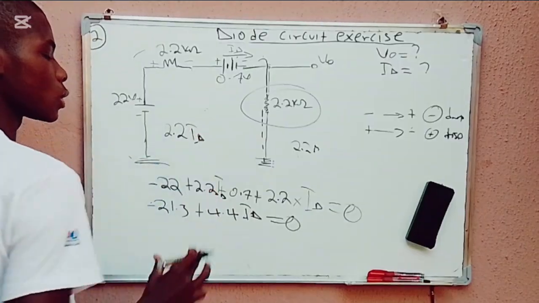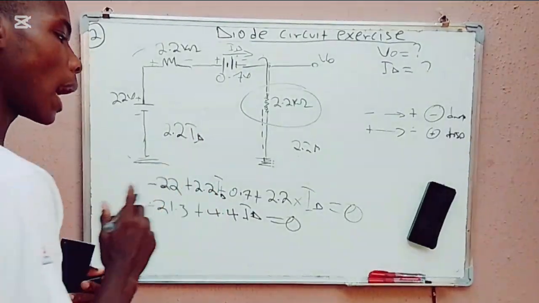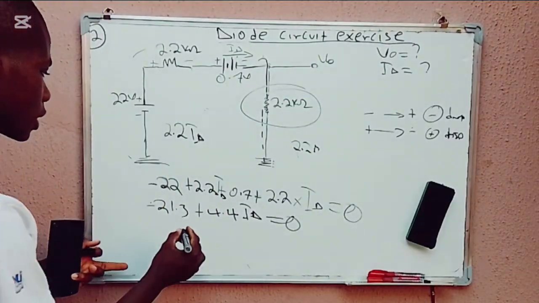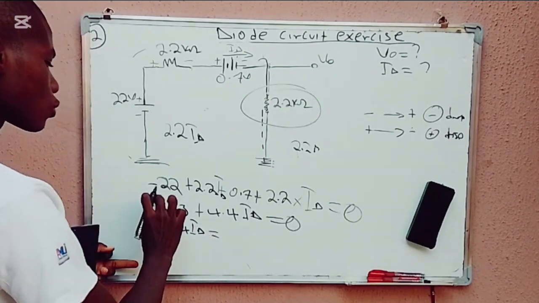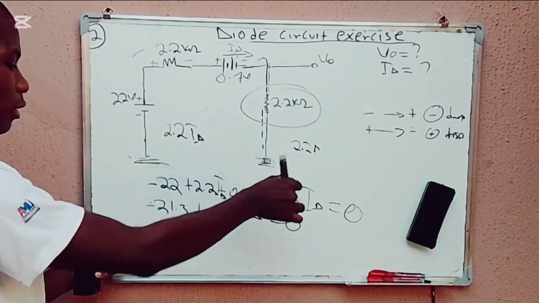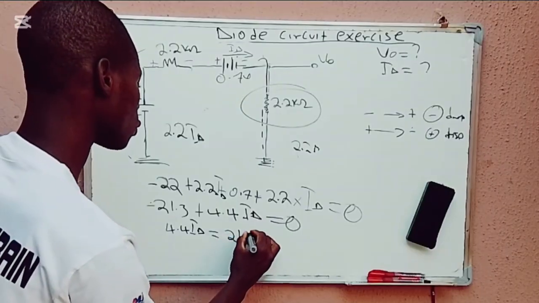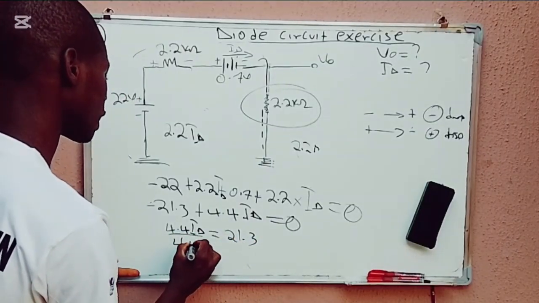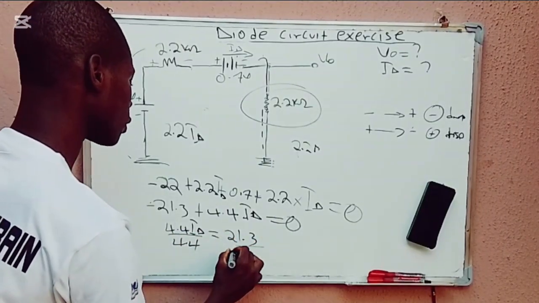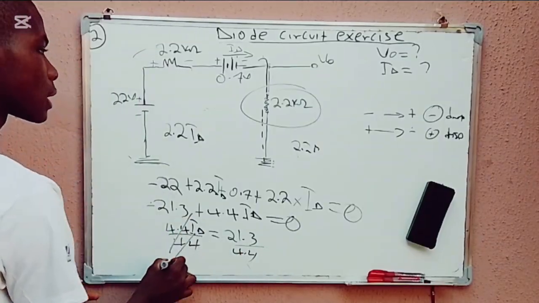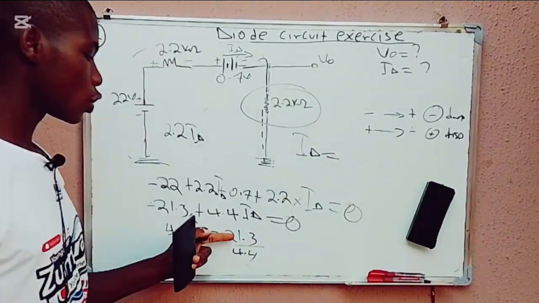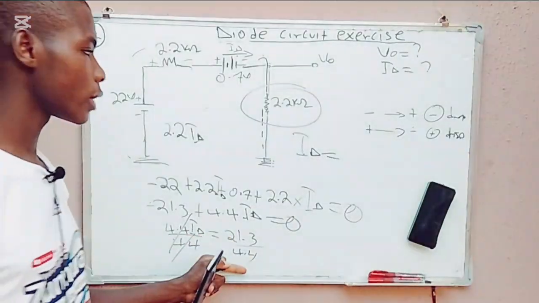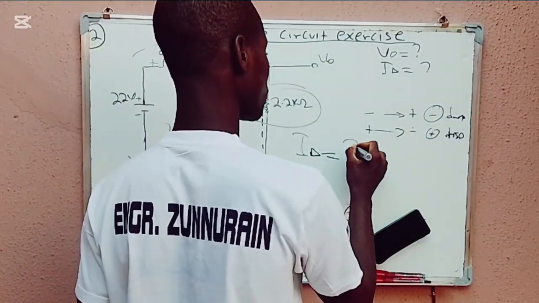If I sum them, it will now be 4.4 ID, which is the diode current. So 4.4 ID should now be equal to 21.3, as the negative 21.3 crosses the equal sign. If I divide both sides by 4.4, this will cancel this. So the diode current should now be 21.3 divided by 4.4.